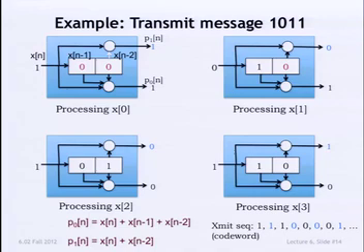So this is the transmitted sequence. So it's the 1, 1, 1, 0, 0, 0, 0, 1. Right? That's all there is to it. The implementation of the shift register is very easy. And so this is actually a very straightforward thing to implement.